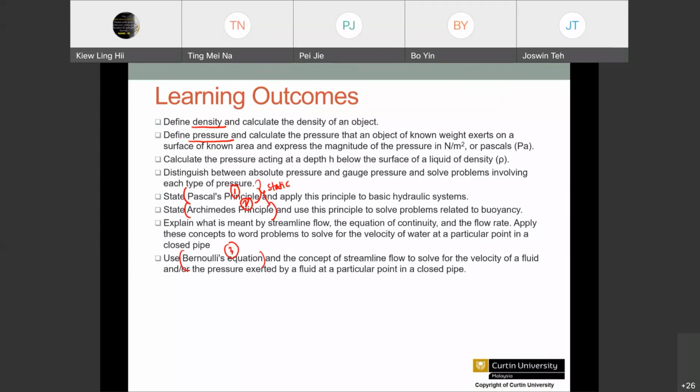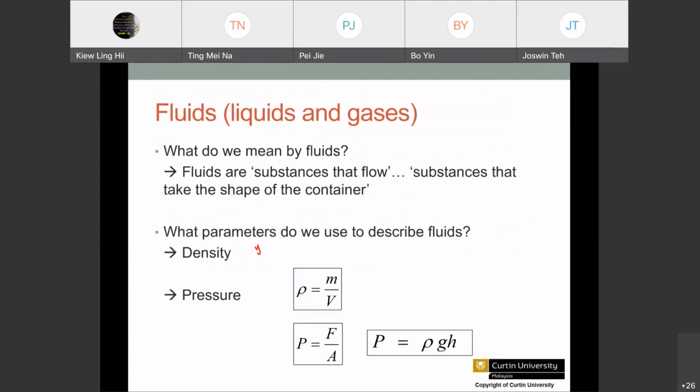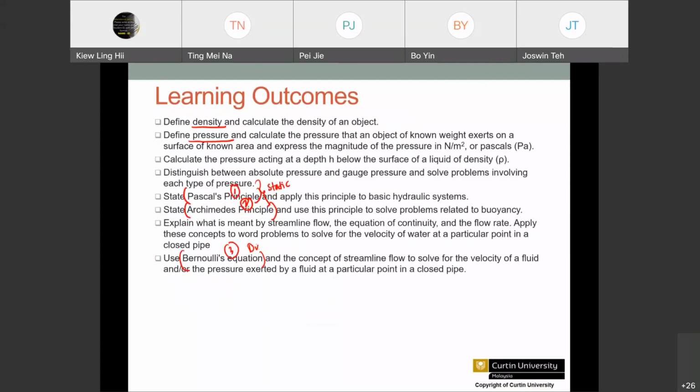It's just about the property of the fluids. However, Bernoulli equation or Bernoulli principle is related with dynamic fluids. Dynamic means it is moving. So it's moving fluids, the property of fluids when it is moving.